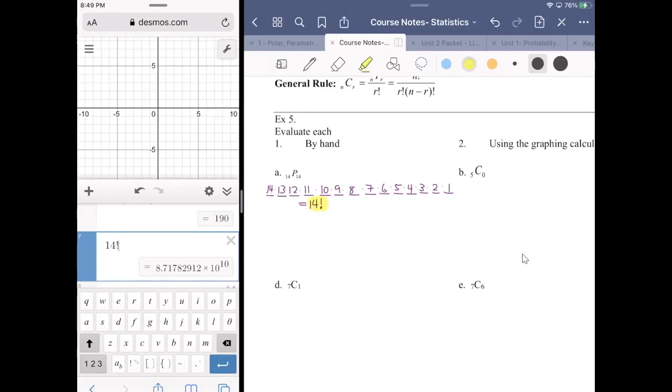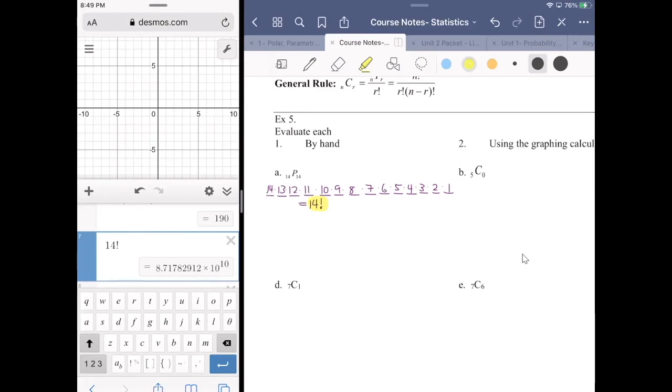Like if you just think about any class where you studied radicals, sometimes the answer was just radical 2. You'd rather write that than 1.414, blah, blah, blah, and then round it, because you lose accuracy. So you just write the radical 2 and then call it a day, right? That's really what we're going for here, all right? So the 14 factorial kind of has the same feel as something like radical 14.